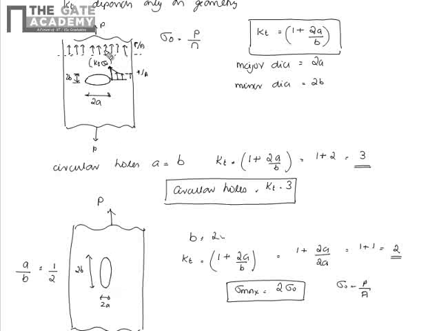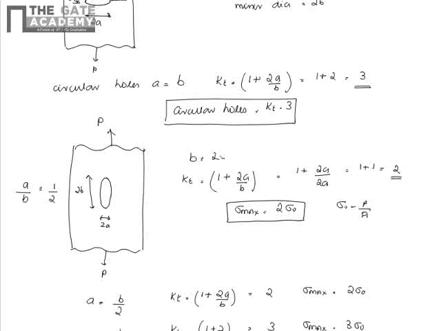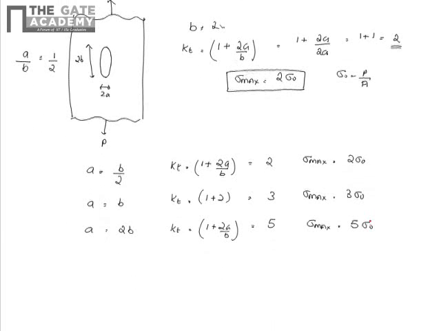Therefore this kind of discontinuity in the body, or this kind of hole in the body, is not at all acceptable, because the stress concentration factor becomes very high, or the maximum stress becomes much higher than in this case. Therefore this case of holes we can still go ahead with, but this kind of hole in the specimen cannot be accepted. So these are the stress concentration factors coming due to the elliptical and circular holes.